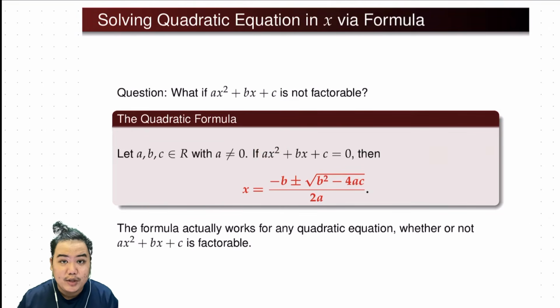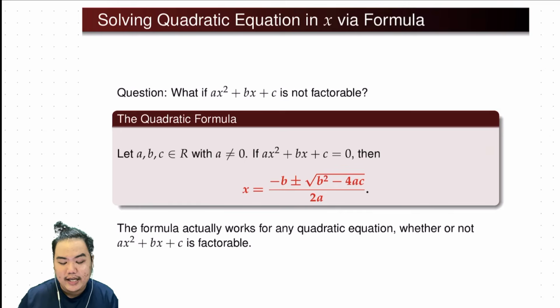Then, masosolve mo si x using this formula na tinatawag nating quadratic formula. So, x is equal to negative b, bagalan lang natin para maalala natin, plus minus square root of b squared minus 4ac all over 2a.